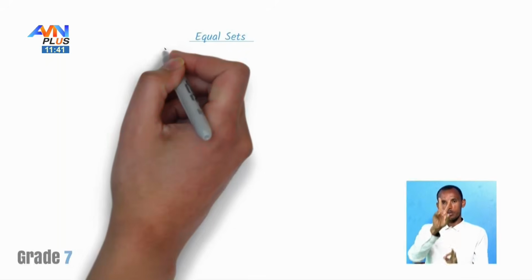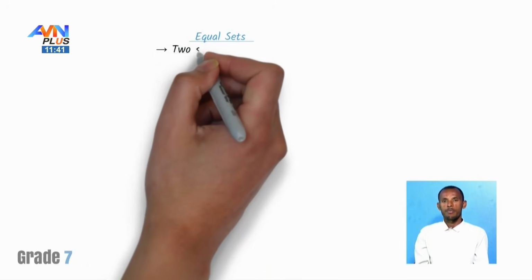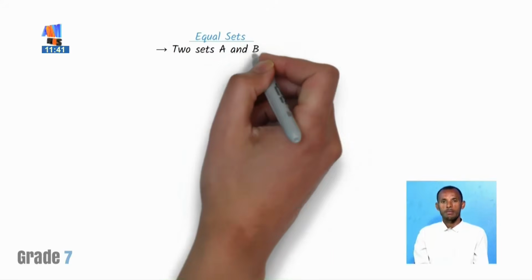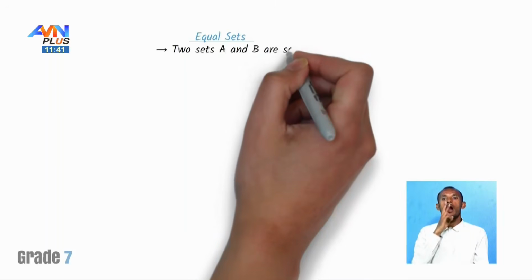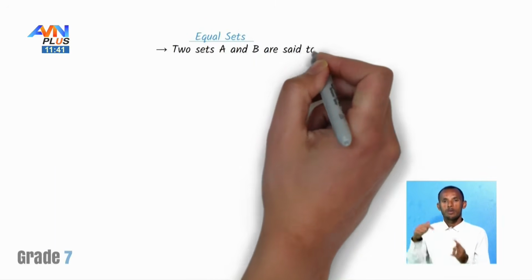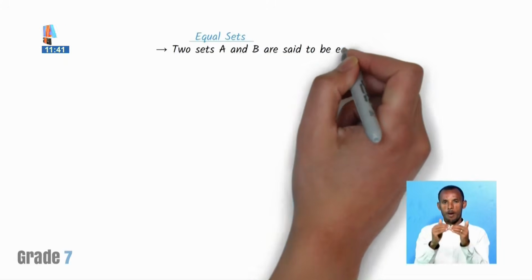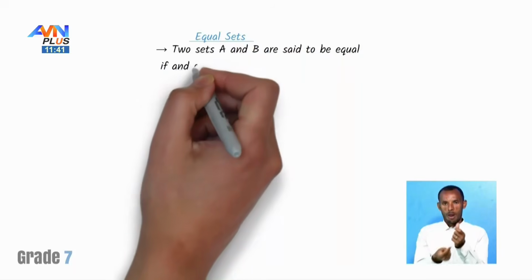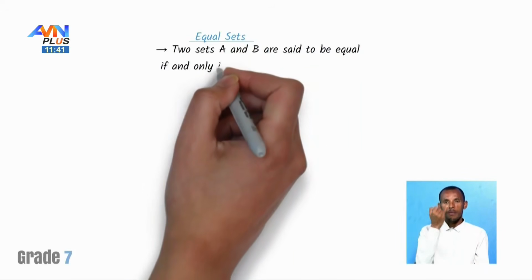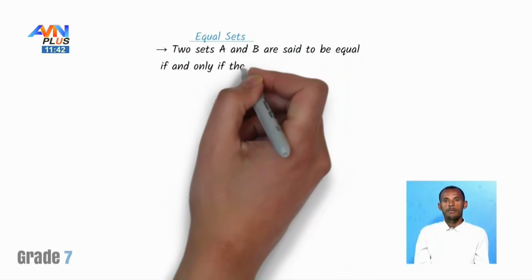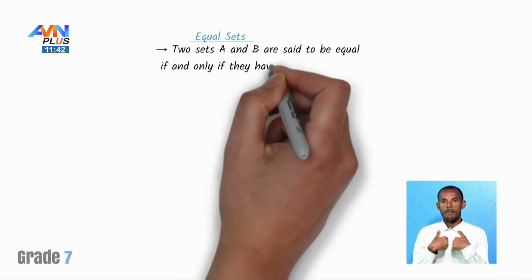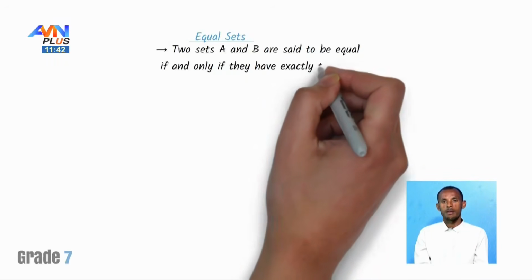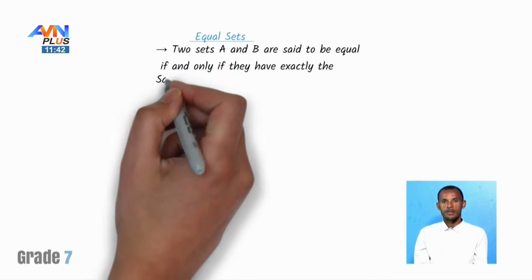Two sets A and B are said to be equal, if and only if they have exactly the same elements.